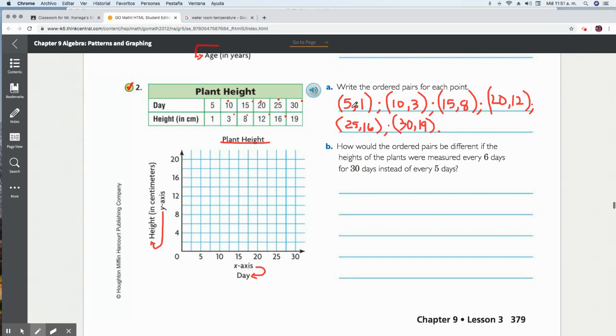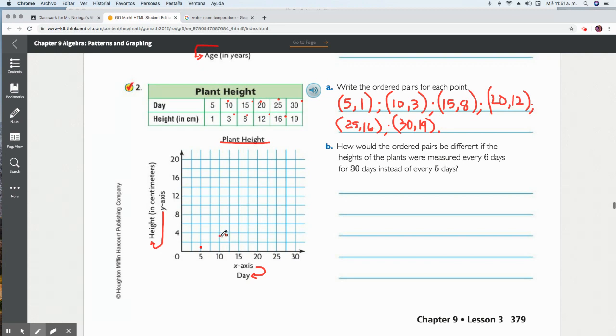So for 5 on the x-axis, 1 on the y-axis. Let's just pretend that 1 is right there, so we plot our point right there, close to the 0, close to the x-axis. Now 10, 3. So 10 for the x-axis and 3, almost touching the 4.